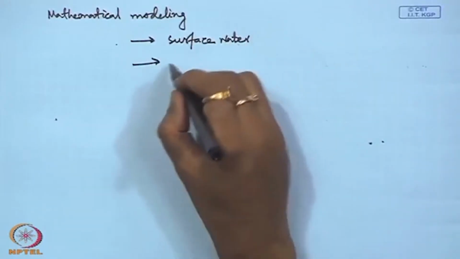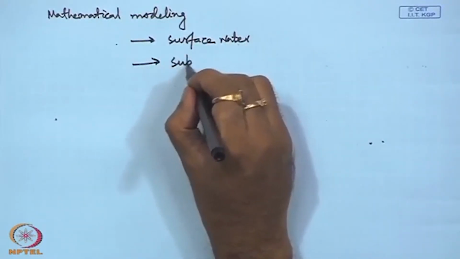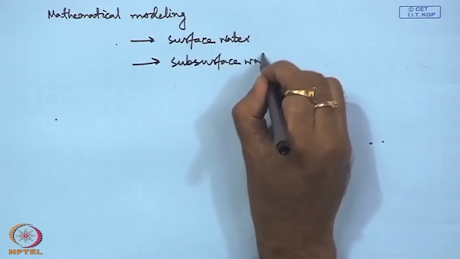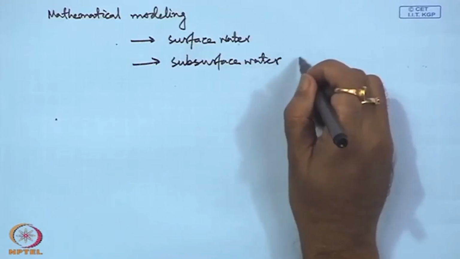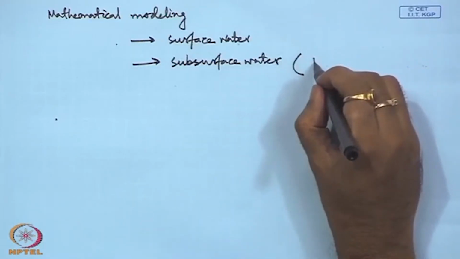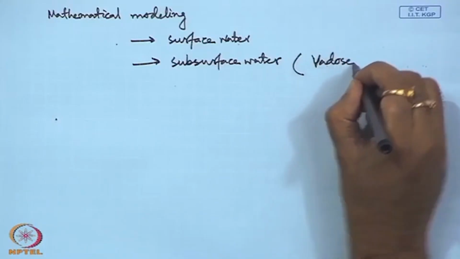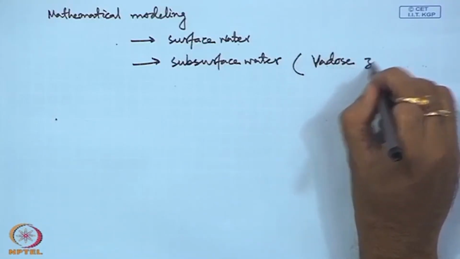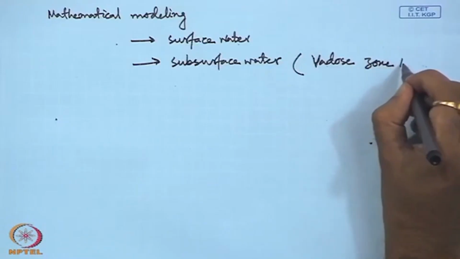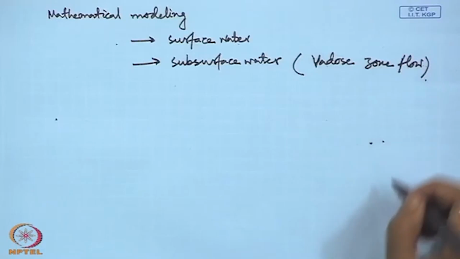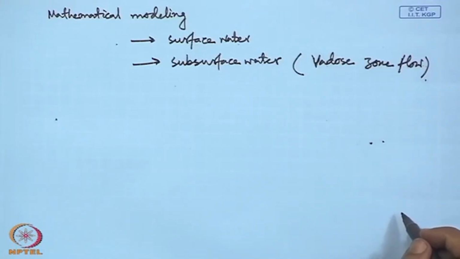Next, we need governing equation for subsurface water, or in this particular case this is for vadose zone flow.